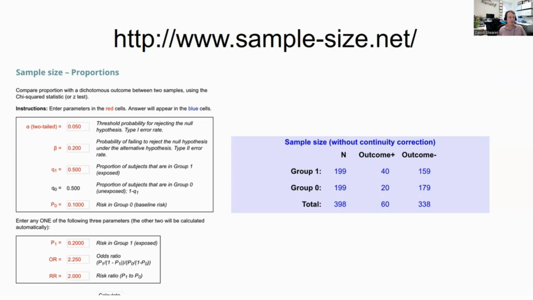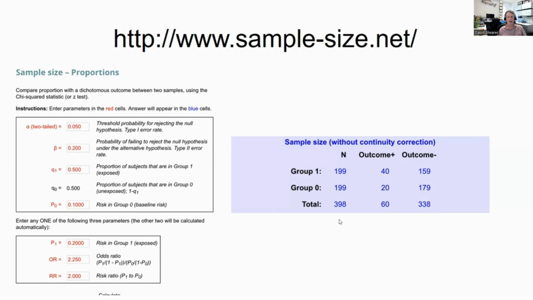It's going to default give you an alpha of 0.05 and a beta, which is 1 minus the power, so a 20% beta is equal to an 80% power. Then we can put in our baseline risk, which is 10%, and our two risks, which are 10% and 20%, and that's going to give us our calculation.